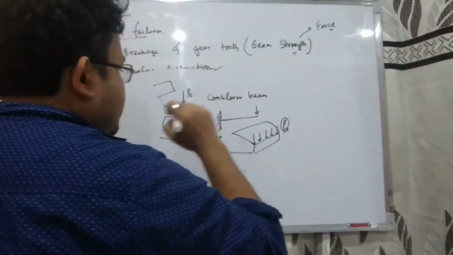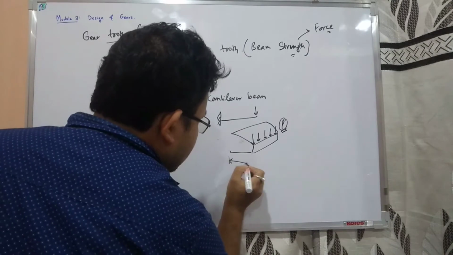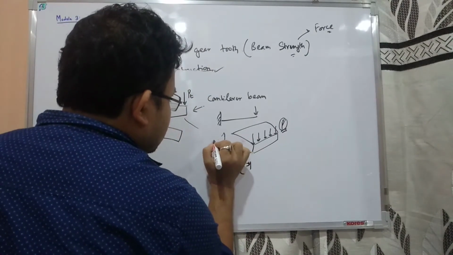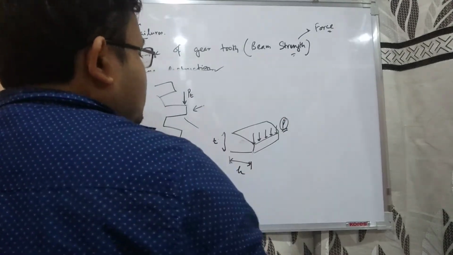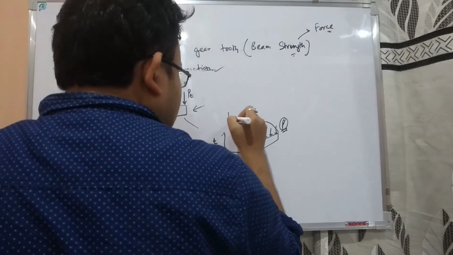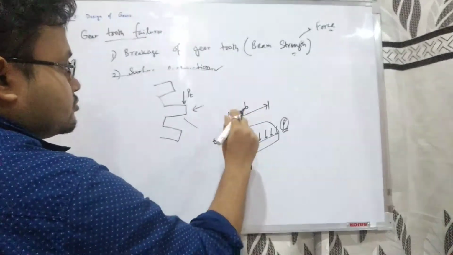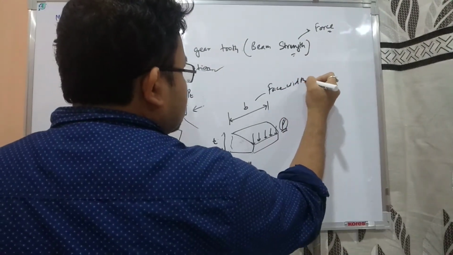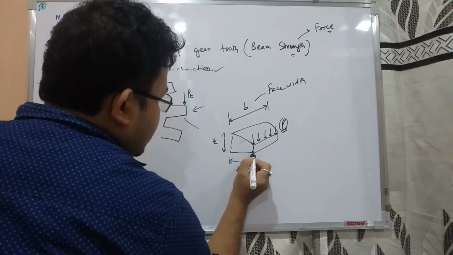So the next thing here is, let's take the dimensions. This is H, this is T, the thickness, and this is the face width, we call it. This is the face width, this is the thickness, and this is the distance from the free end to the fixed end.